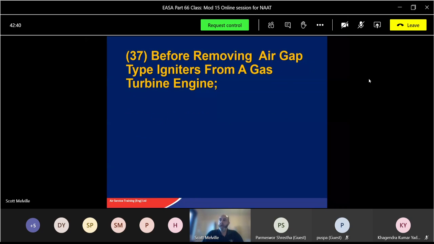Before removing air gap type igniters from a gas turbine engine, what should you do? So what would you do first? We trip the CB.